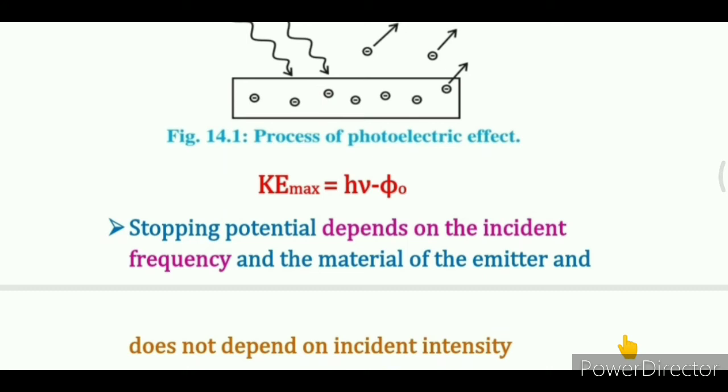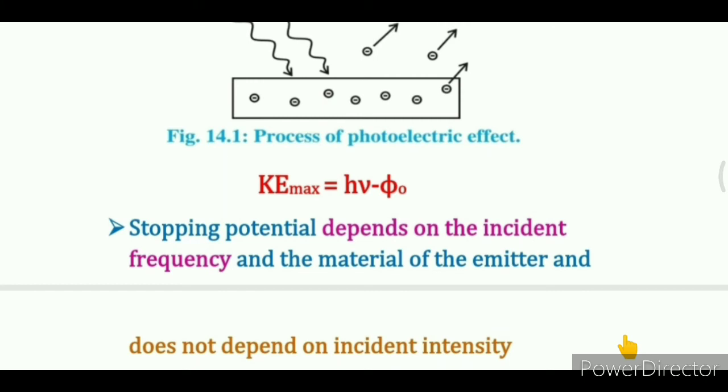But here, Einstein explained that if the maximum kinetic energy is less than eV naught, where e is the electronic charge and eV naught is the energy needed for the electron to overcome the retarding potential V naught, the photocurrent will be reduced.